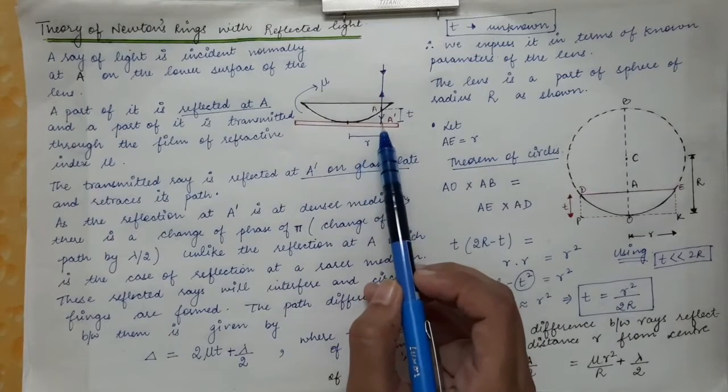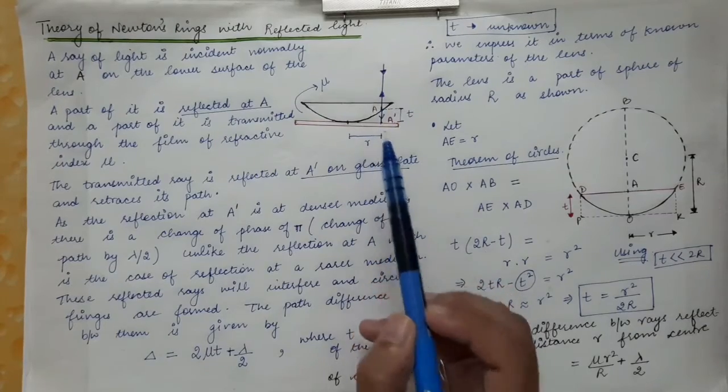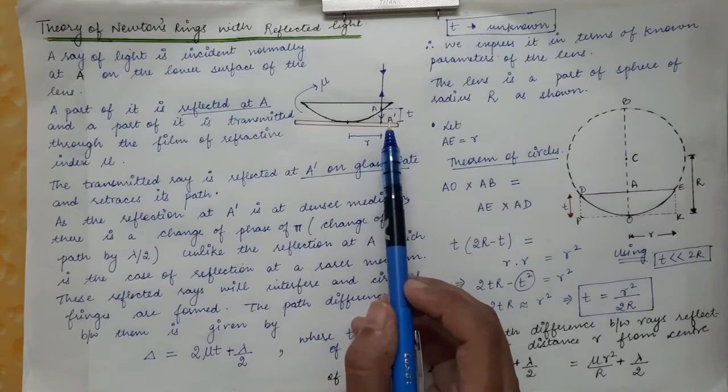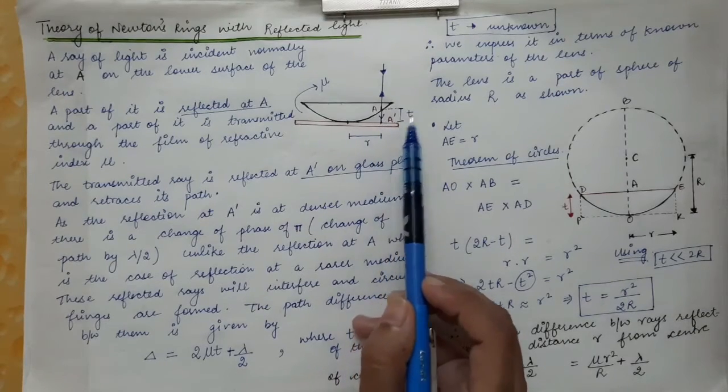So therefore a lambda by 2 path is introduced in case of the second reflected ray.